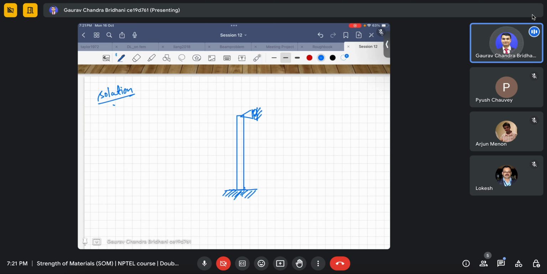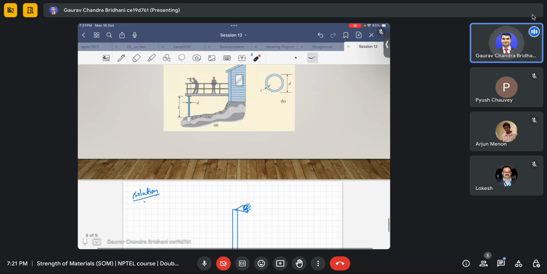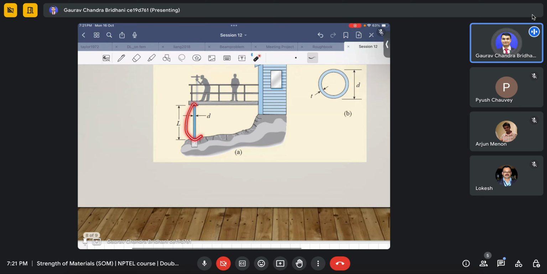So there is no lateral movement allowed for this case. You cannot move this, but you can move in this direction. And as you can imagine, yes, that could happen. If you think of this platform, obviously the platform can go a little bit downward before buckling. So that downward movement is allowed. There is nothing which is stopping it.